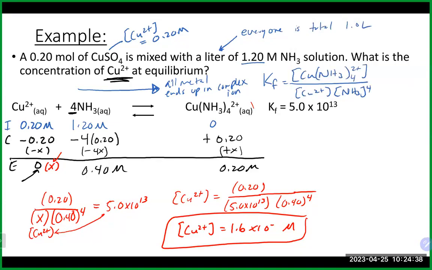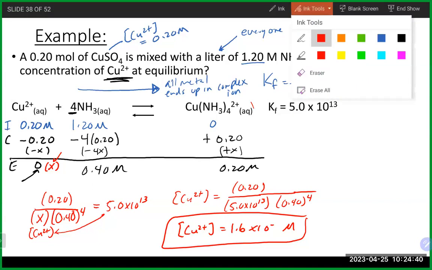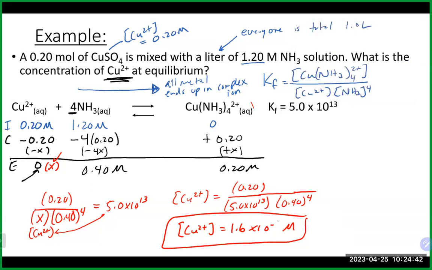Question on that there. My free copper concentration, is that a lot of free copper floating around? That's pretty much nothing, right? It's like 0.012 zeros and a 1, right? So you basically have all the free copper in that complex ion, but a little bit of it will still break apart.